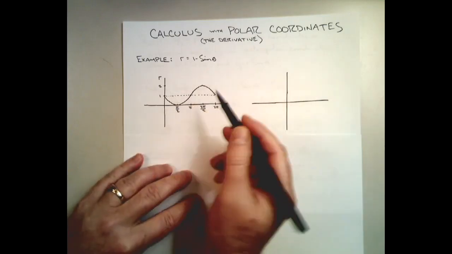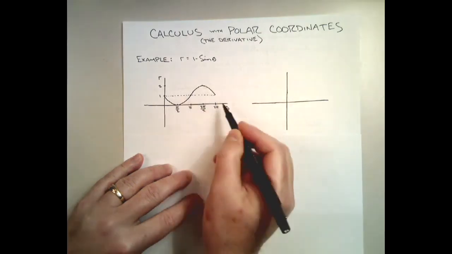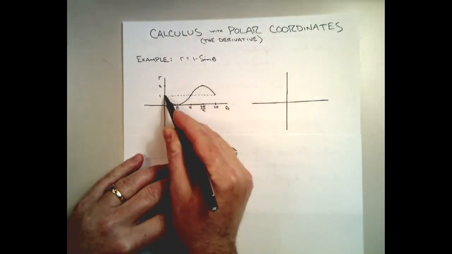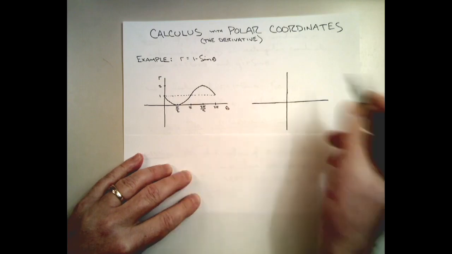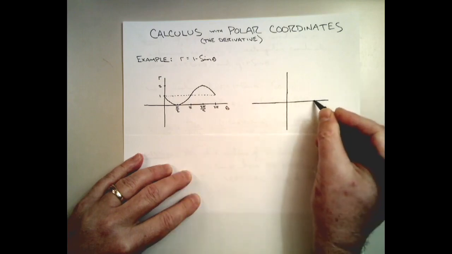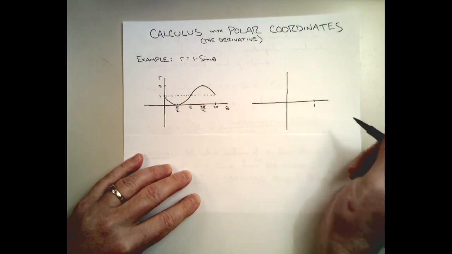This tells me that whenever the value of θ is 0, we're going to be 1 unit out from the pole. So let's call this a unit right here. And that's going to be one of the points on our graph.